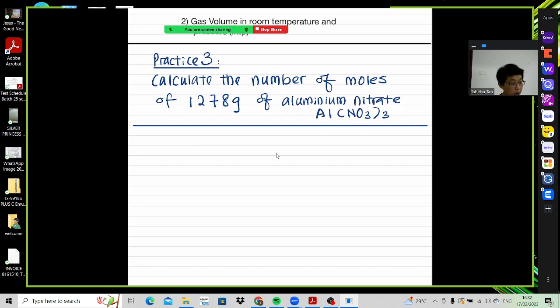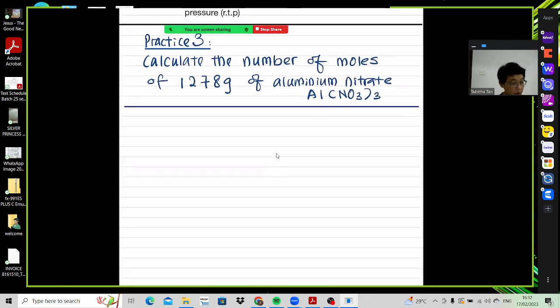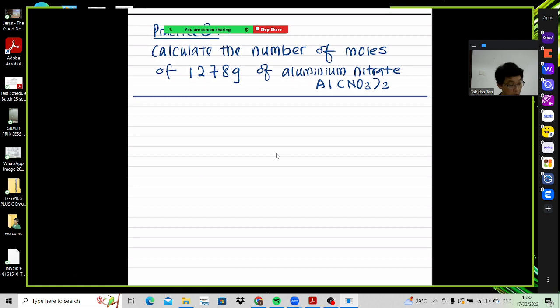For this purpose the formula was given to you. The same thing, we know that we need to know the molecular mass. So let's take the first step and find the molecular mass for aluminium nitrate.